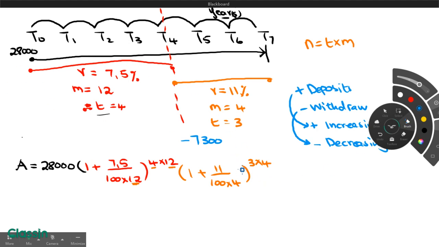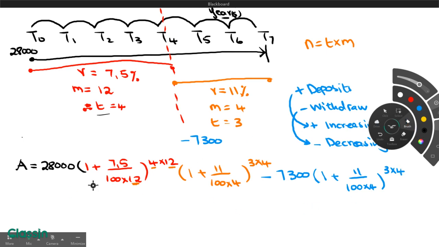But what happened thereafter? This very person made a withdrawal. Withdrawal of 7,300. This 7,300, what was the rate? The rate was 11% compounded quarterly for a period of 3 years per quarter.